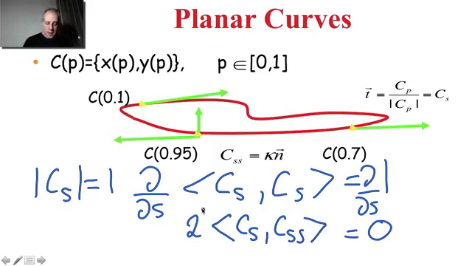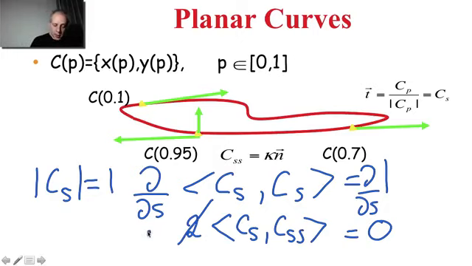Okay? The 2 I can eliminate, and this means that the first derivative, according to arc length, is perpendicular to the second derivative. Once again, just to remind you, the inner product of two vectors is equal to 0 if and only if one vector is perpendicular to the other.